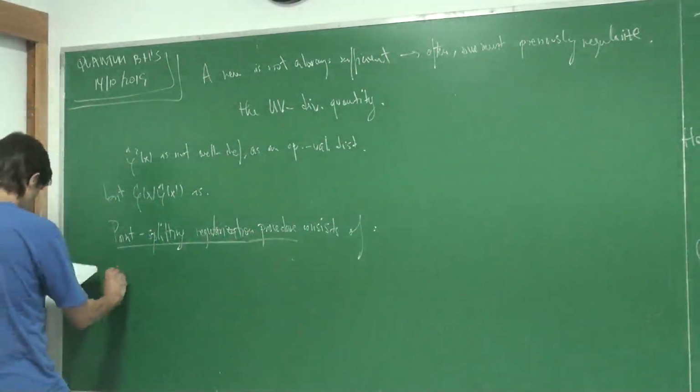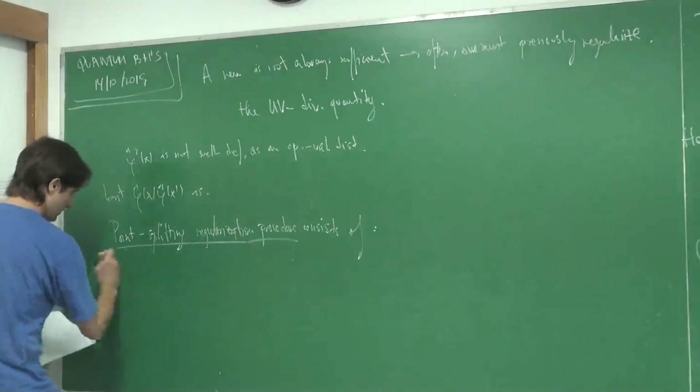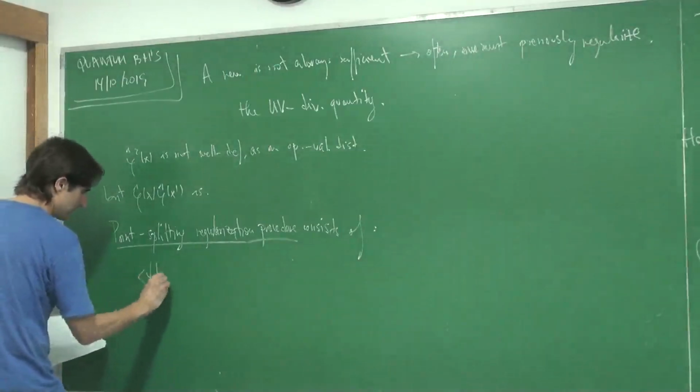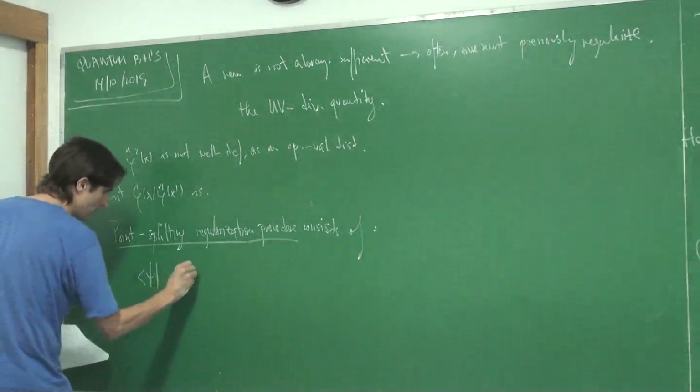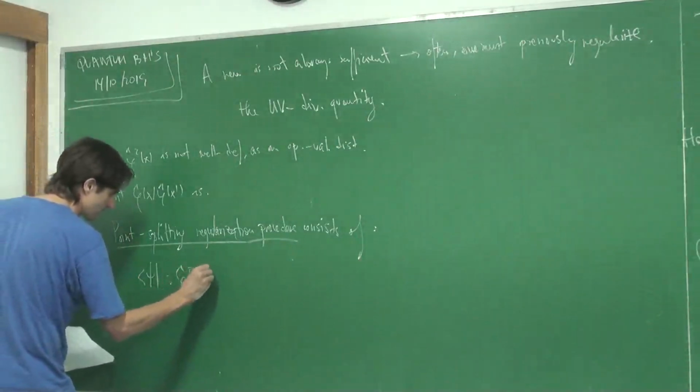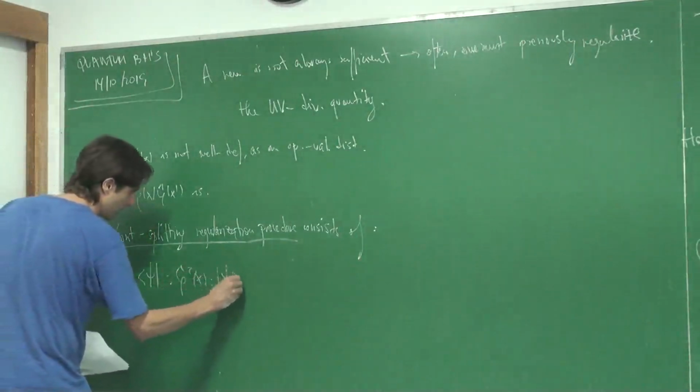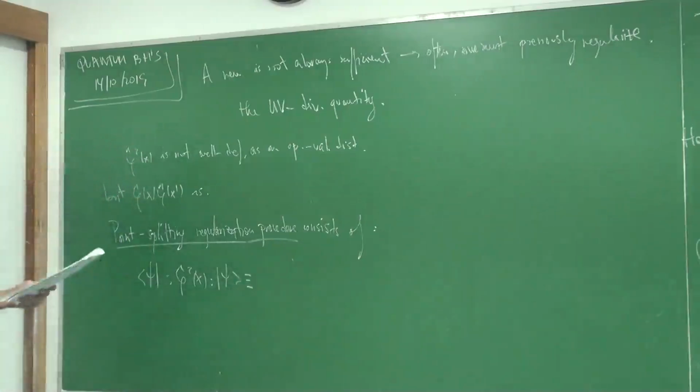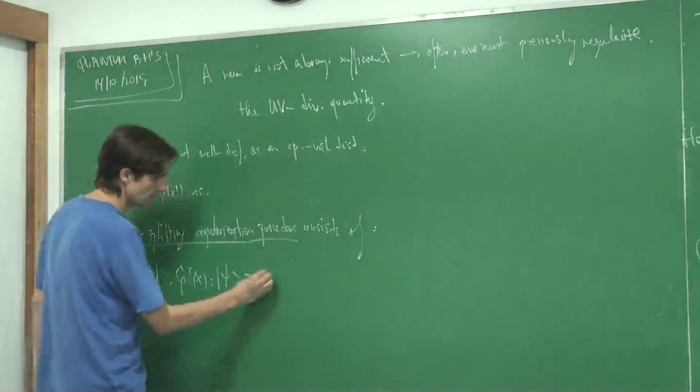You define the expectation value of the normal ordered phi squared.